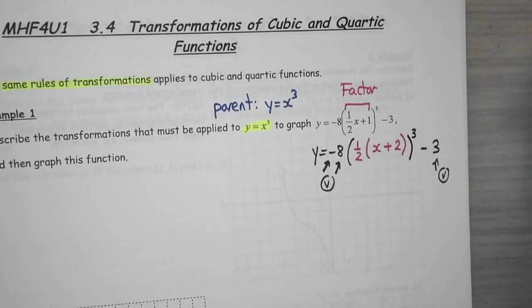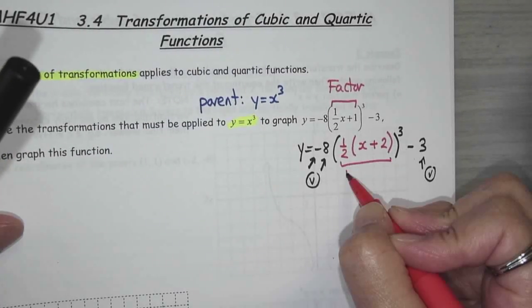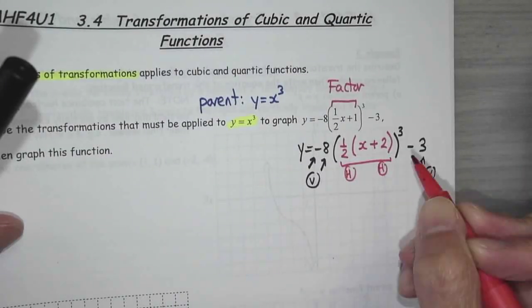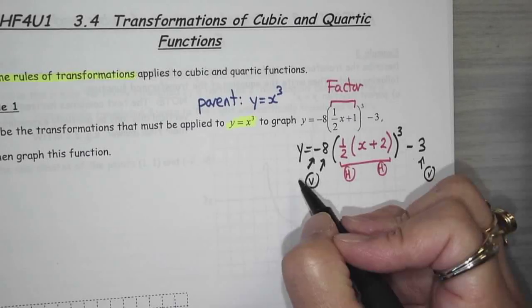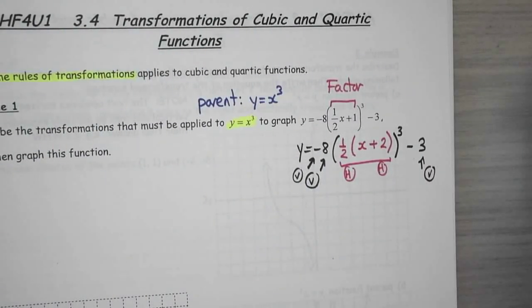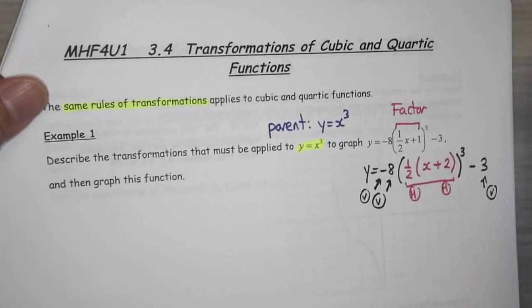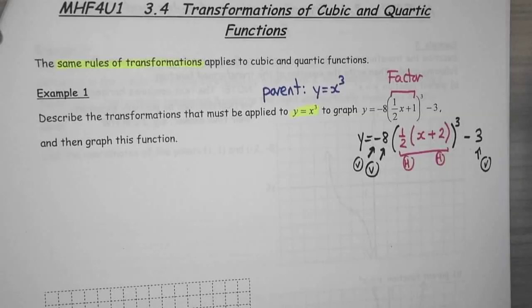Everything inside of that bracket, just like what we did before, is horizontal. So I have 2 horizontal ones here, 1, 2, and then 1, 2, 3 verticals. So there's a -8, and then -3. Make sense?